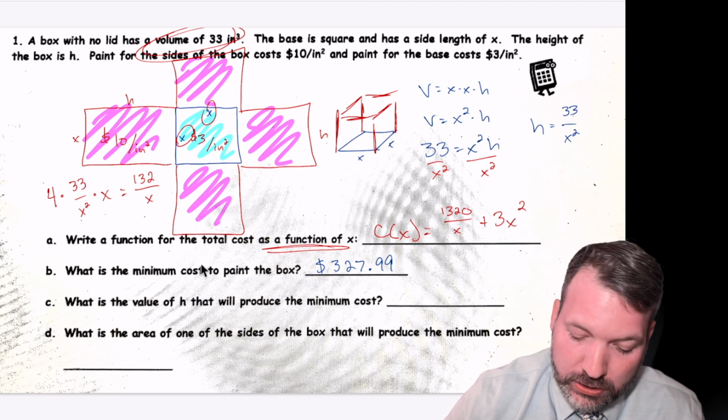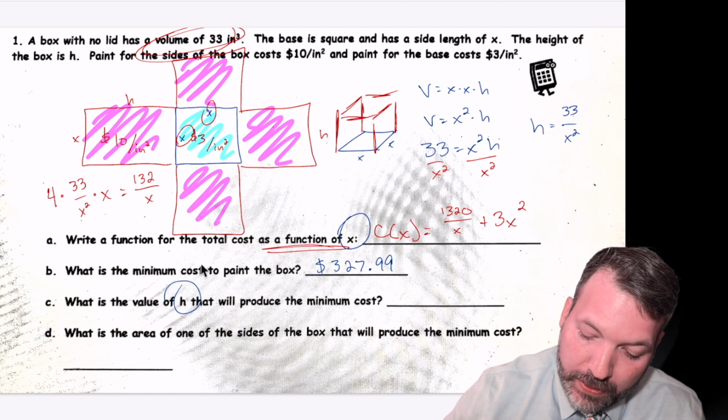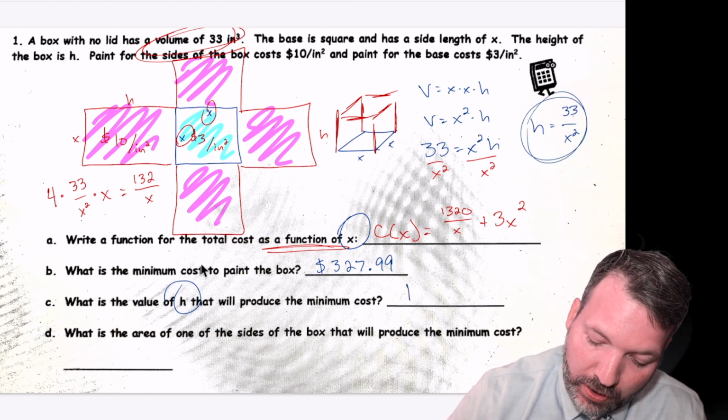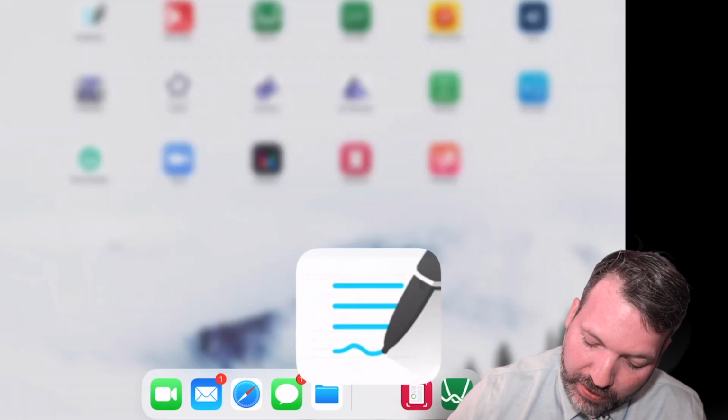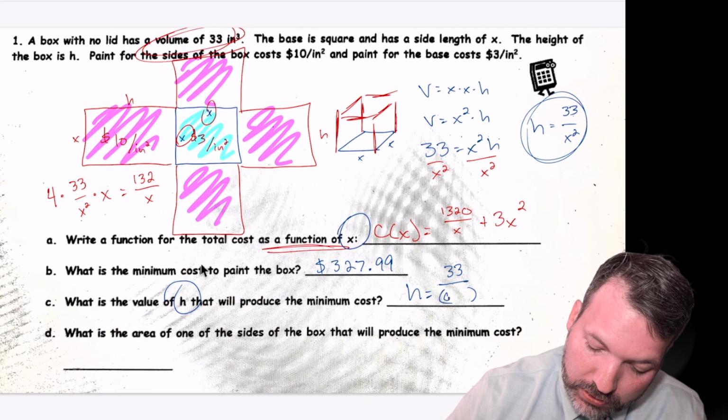What is the value of h that will produce the minimum cost? That's interesting. So we've switched between variables h and x. But again, we have an equation that relates h to x. So all we have to do now is plug in 33 divided by that value, 6.037 squared.